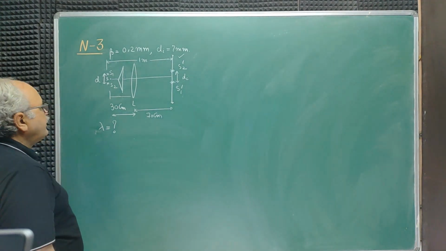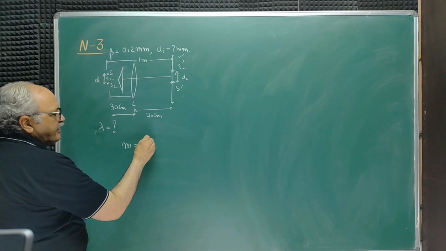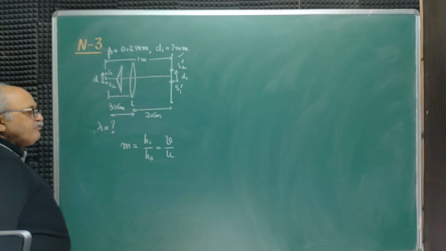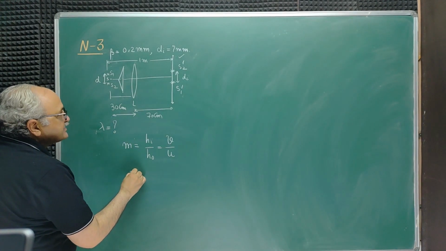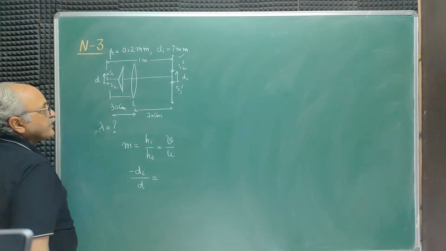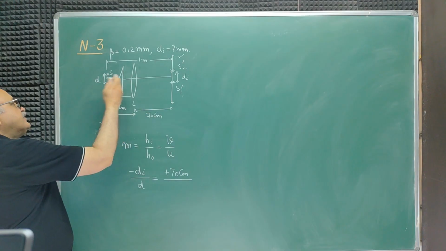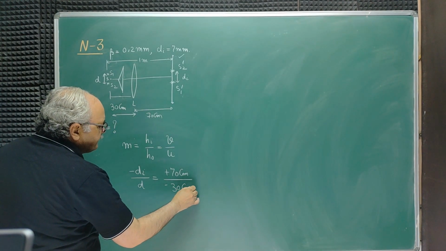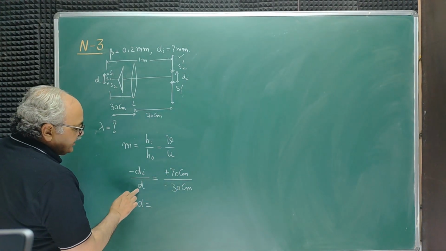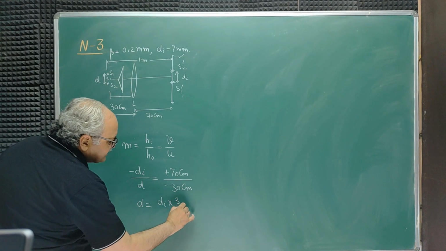As we know from the formula for linear magnification M, which is the height of the image to the height of the object and is equal to V by U, we get image distance minus d of I, the object separation which is d, is equal to plus 70 centimeter divided by, this is on the reverse side, so that's why it's minus 30 centimeter, which gives you d, that's the distance required, is equal to d_i multiplied by 3 by 7.